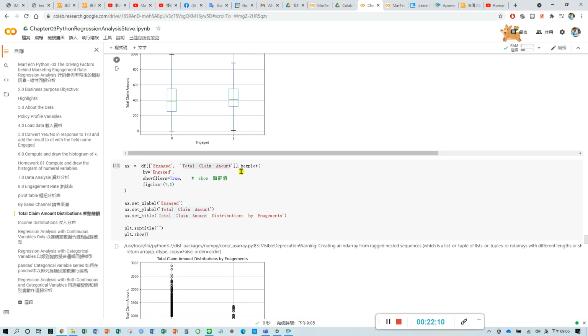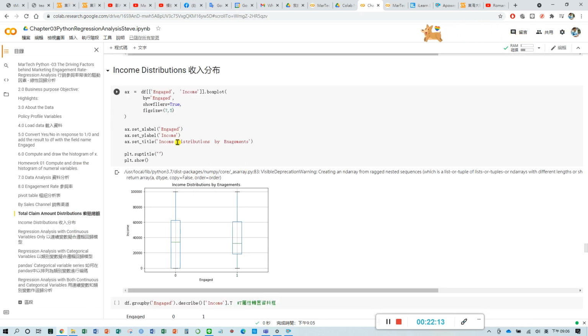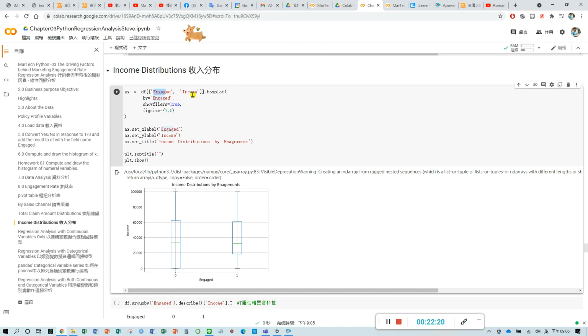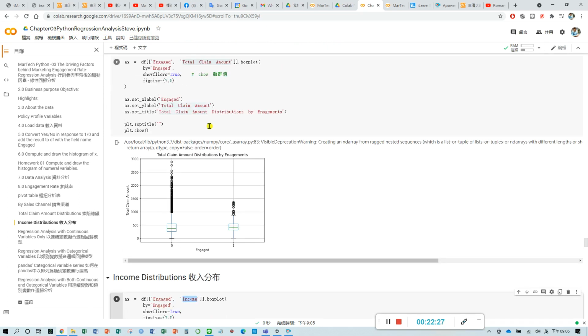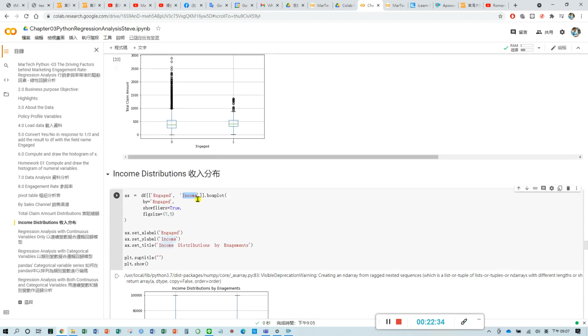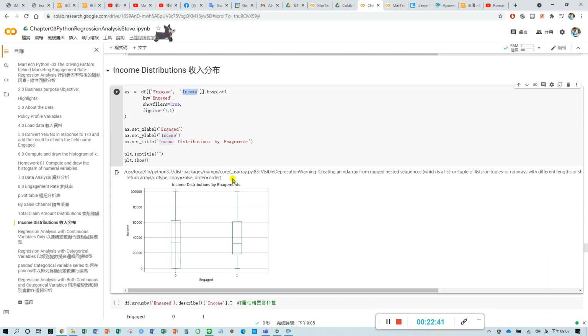Okay, you can do the same kind of job to investigate the income distribution. You can do the same job with engaged. We change the total claim amount to the income variable. You may see the difference. So you may see the income distribution, 分布，收入的分布, the income for your customers.